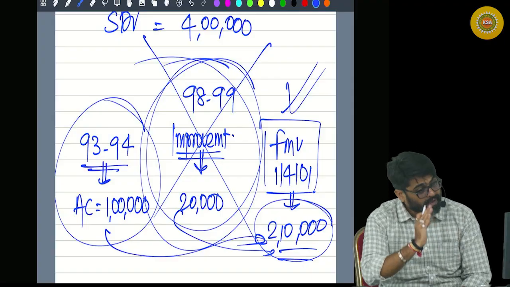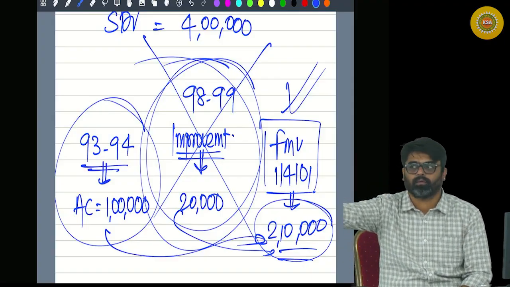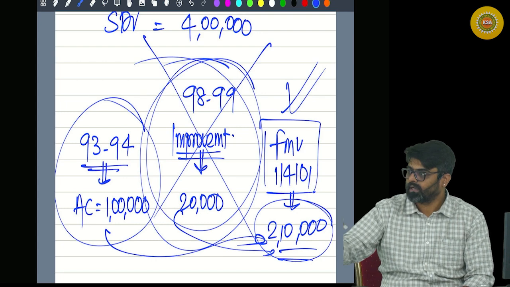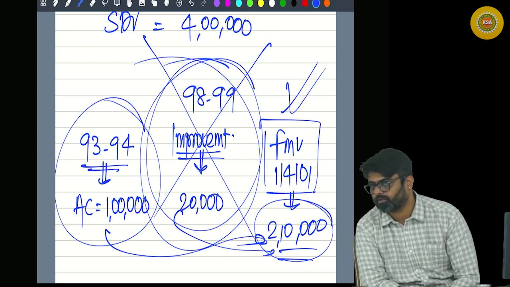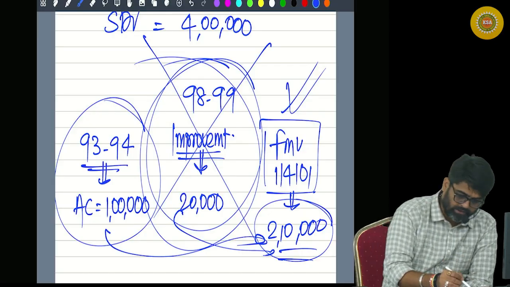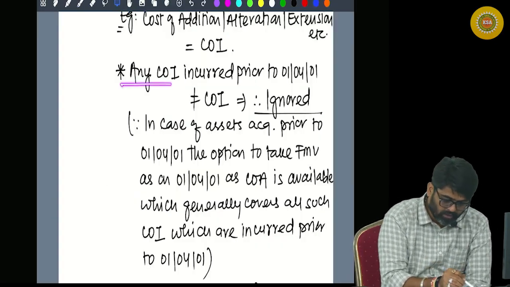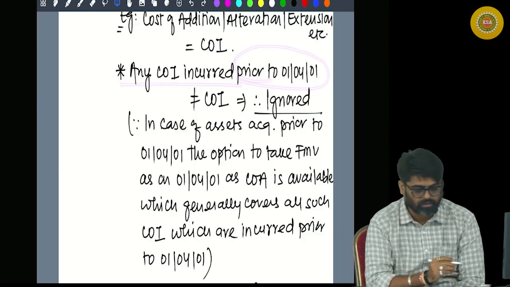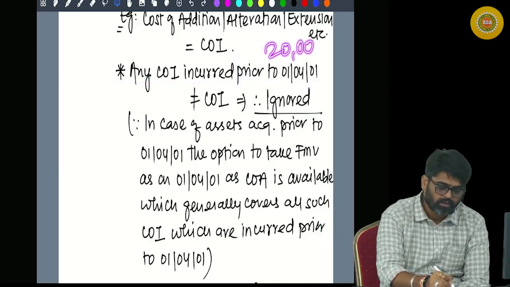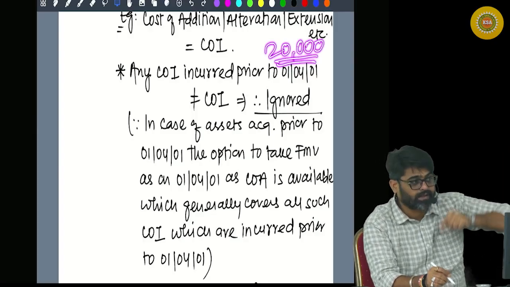But any cost of improvement incurred on or after 1st April 2001 will be considered and allowed as a deduction. Will you remember this? Next one. Now see, any cost of improvement incurred prior to 1st April 2001, we are talking about that 20,000 which you incurred in 98-99.